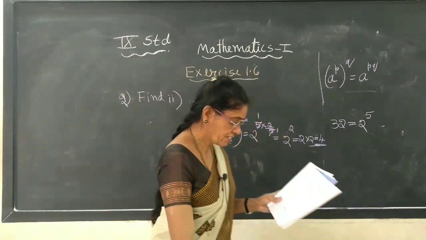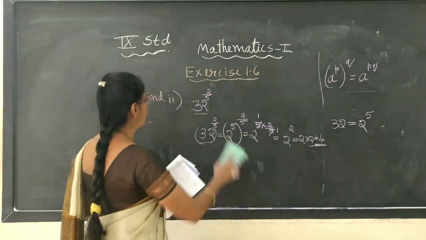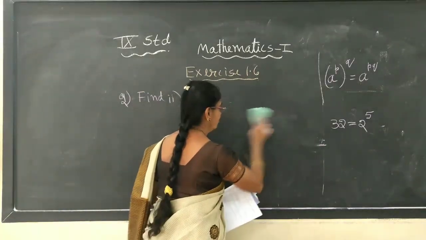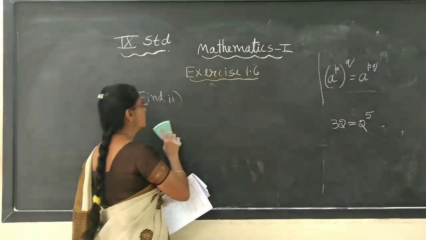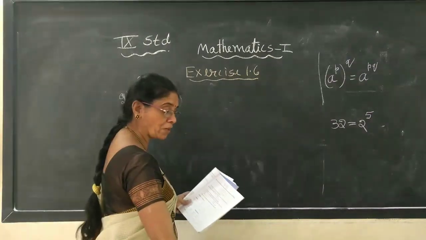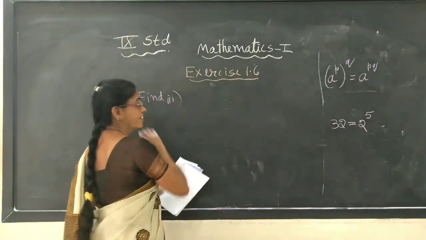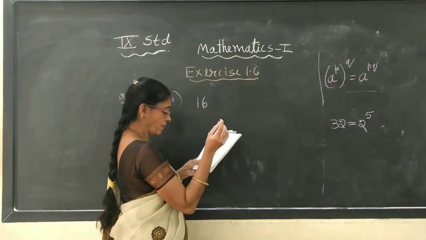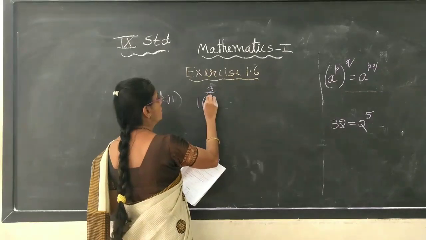Now the third one, 16 to the power of 3 by 4. Try it now. Got the answer? Some of you got the answer maybe. Try it, the third one. 16 to the power of 3 by 4.